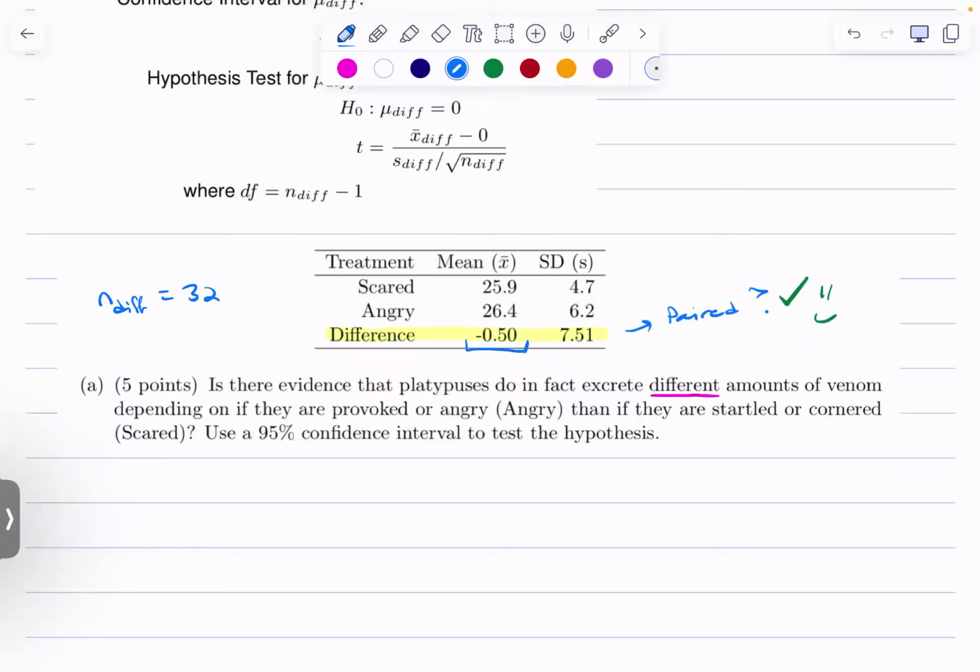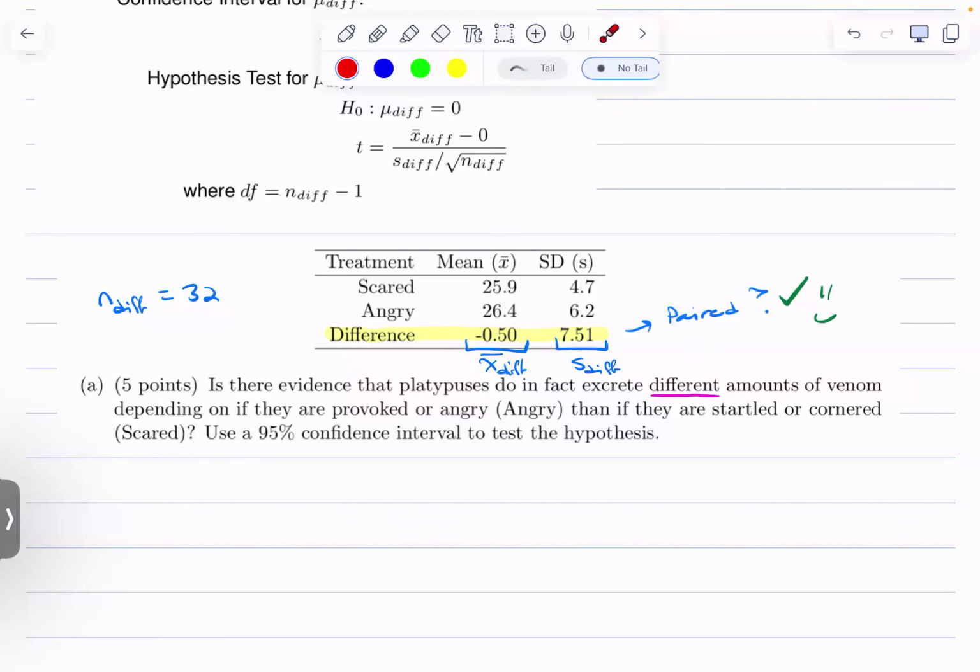This value here, this negative 0.5, is the mean of the differences. That's your X bar diff. And the standard deviation of the differences is your S diff. I also give you the mean and the standard deviation of the scared data and the angry data, because it exists. But it's your job to know that, okay, if it's paired data, then I should be analyzing the differences.